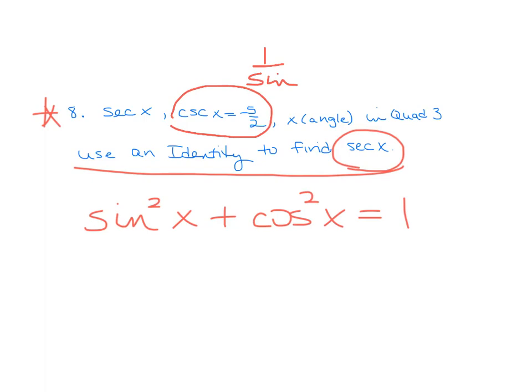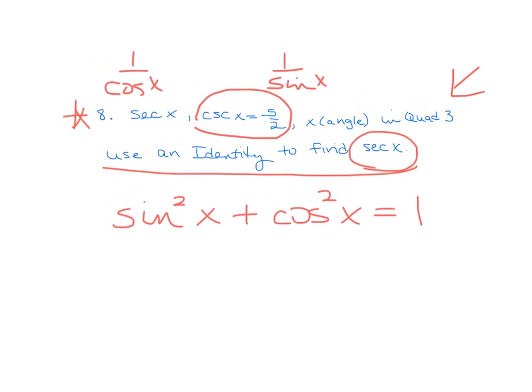And they're also asking me to find secant, which is the reciprocal of cosine. So if I solve and find cosine here, then I can flip it to its reciprocal. Now, notice they've got a restriction here. They're telling me my answer is lying in quadrant 3. So once I get to the square root part of it, this is going to help me determine, do I keep the positive or the negative answer? But I'll show you that when we get there.